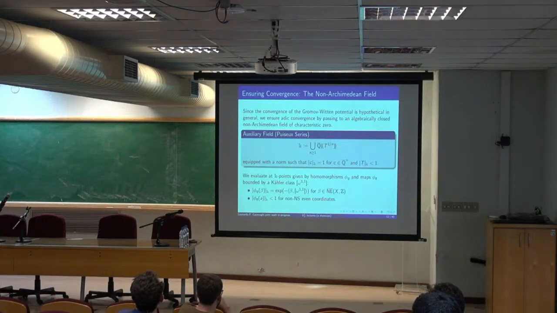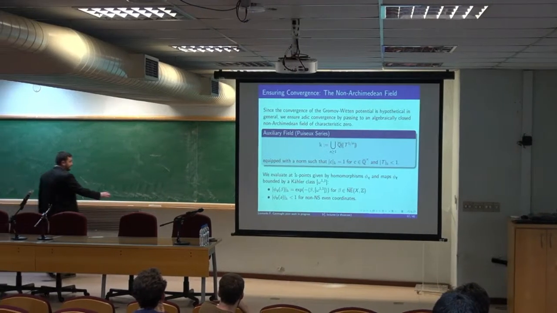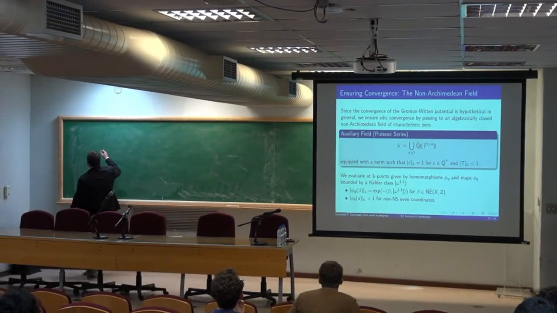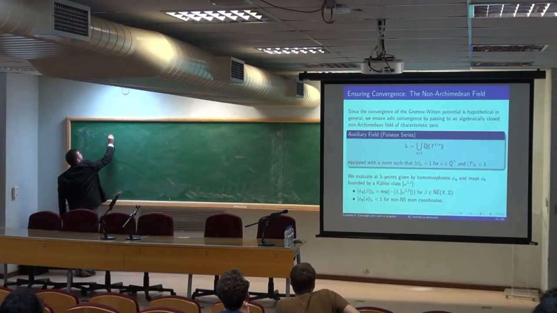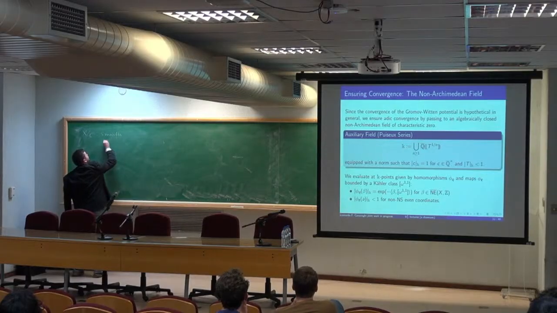So let's just mark here what we have done so far, so that we do not forget. Your input is X over C, smooth and projective.